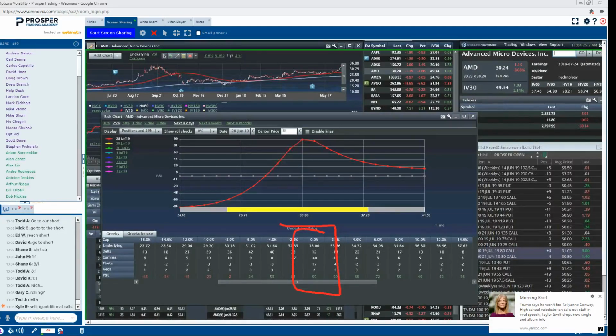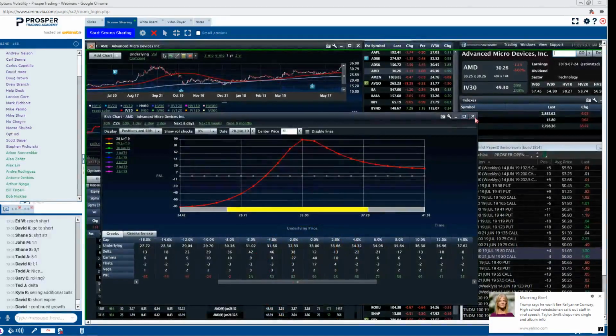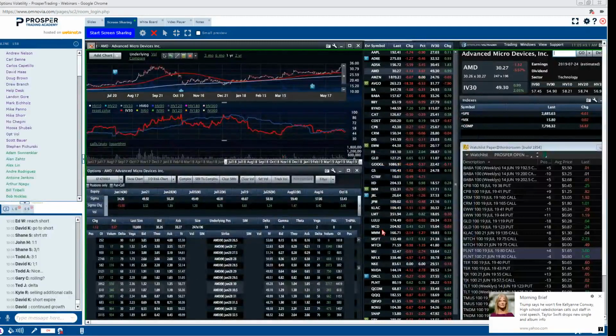If we determine that we still want to keep in the trade, we can roll the short into another short option and collect more premium and keep the trade on and just keep collecting against our long option. Or listen, if this thing works out as planned here, we'll probably take it off.